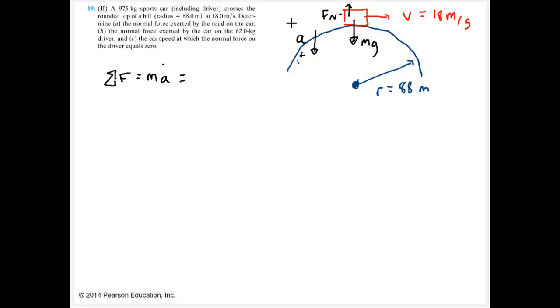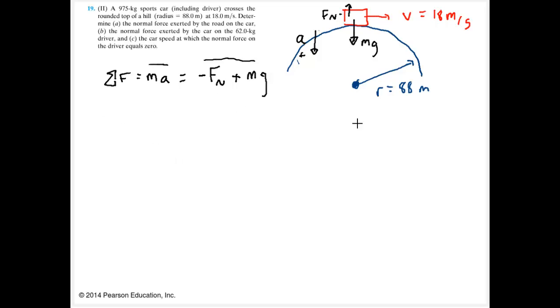That means the normal force in the upwards direction is now negative, and then mass times gravity in the downwards direction. This is my sum of forces, my mass times my acceleration.